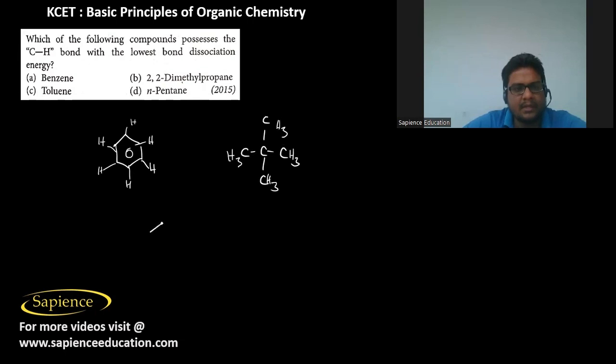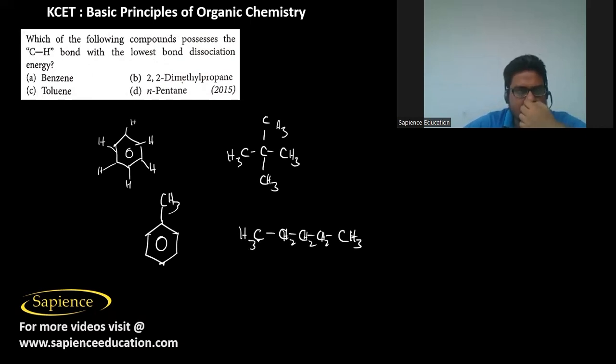Then toluene is like this, which is methyl benzene. Then n-pentane is like this, CH3, CH2, CH2, CH2, CH3. Okay. So which of the following has the lowest bond dissociation energy?